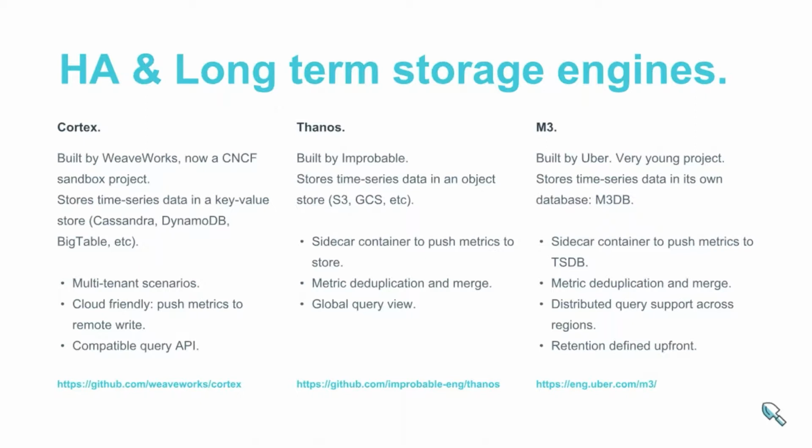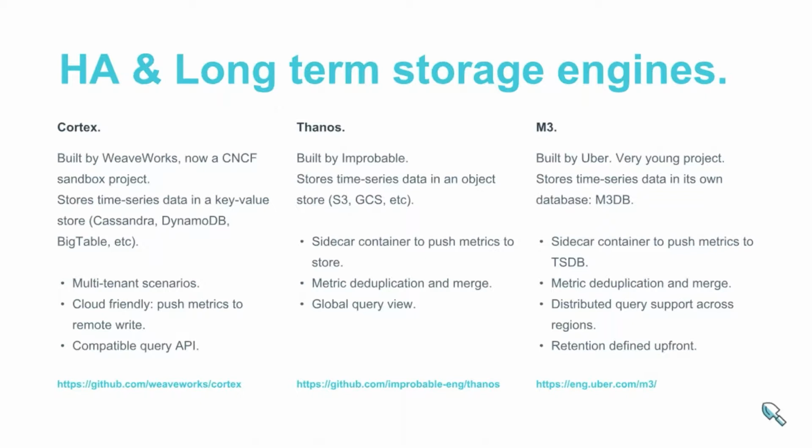Another option is Thanos. Thanos has been built by Improbable. A difference against Cortex, for example, is that time series chunks or blocks are stored in an object storage: S3, Google Cloud Storage, or your own if you're using Gluster or Ceph, or a bunch of different options.